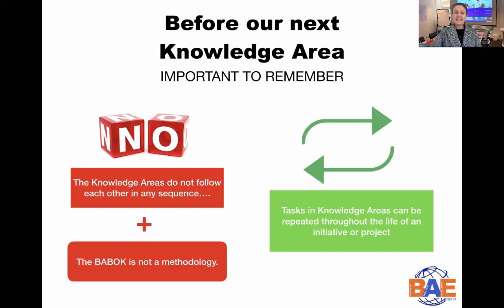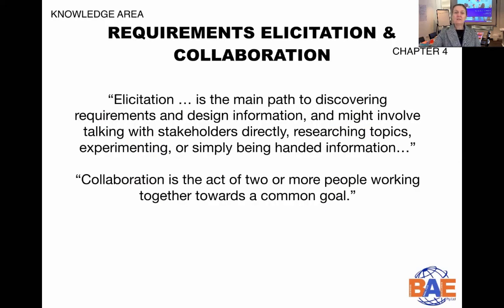Okay, so now let's get stuck into the knowledge area called requirements elicitation and collaboration. According to the BABOK guide, elicitation is the main path to discovering requirements and design information and might involve talking with stakeholders directly, researching topics, experimenting, or simply being handed information.